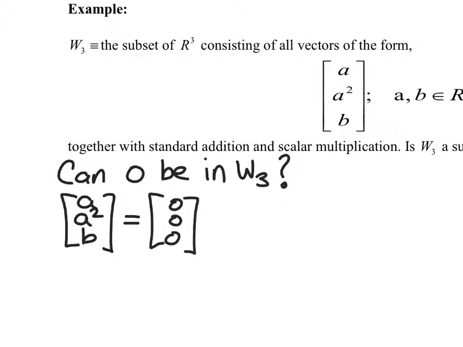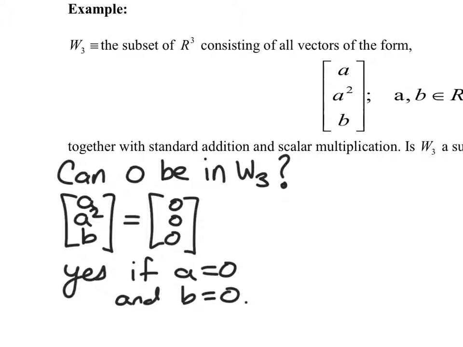So yes, if a is equal to 0 and b is equal to 0, that's the only way we have a zero vector. But it is a possibility.